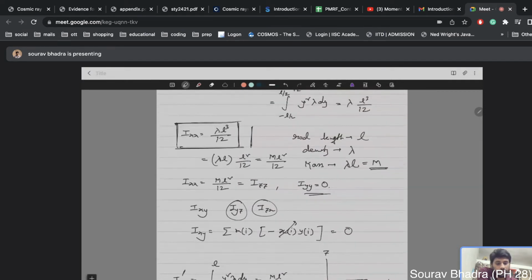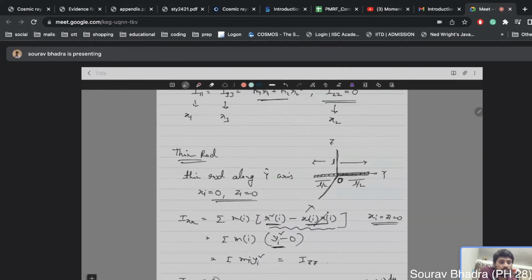I mean for the previous case, you could say Ixy is 0 because there was no x coordinate, only the y coordinate was there. So if you multiply your y coordinate with x or z, anything like xy or zy, that will be 0. Similarly, there was no z coordinate, that is why xz and yz all will be 0.